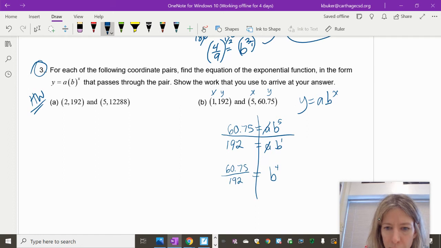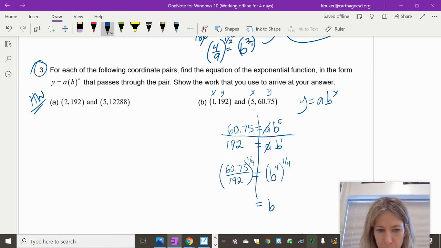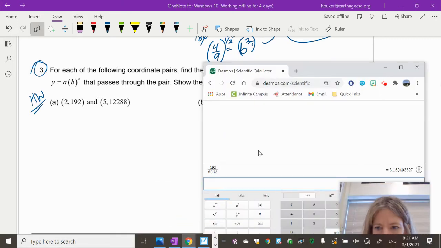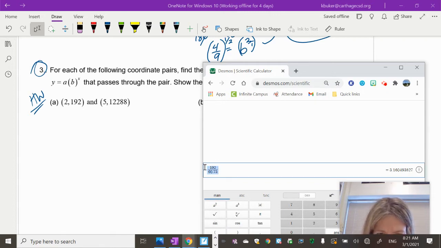All right, so I could take the 4th root, or I can take each side to the 1/4 power. And I'm going to solve for my b. So I'm going to go back to my Desmos, and I'm going to raise this value to the 1/4 power. Okay, so I think I can just do this maybe.